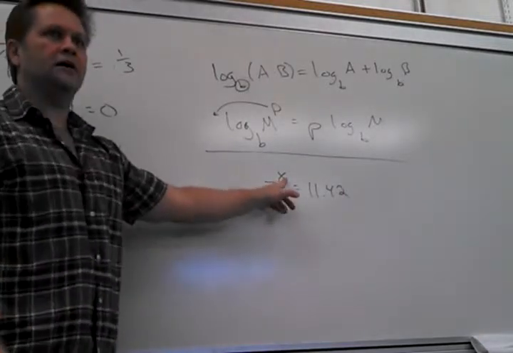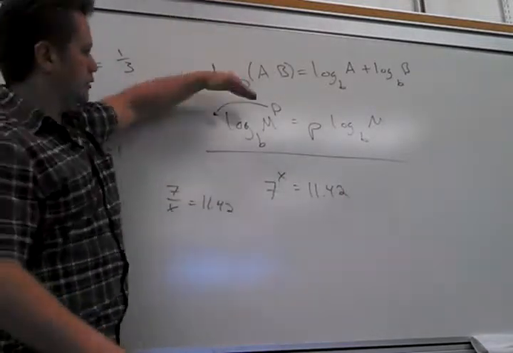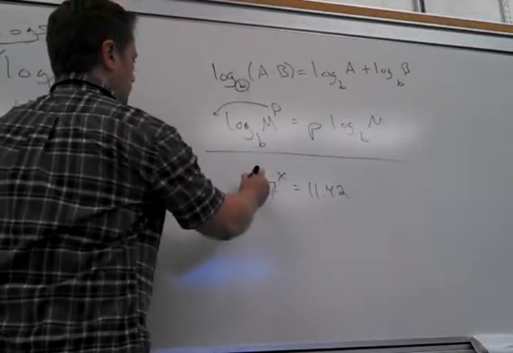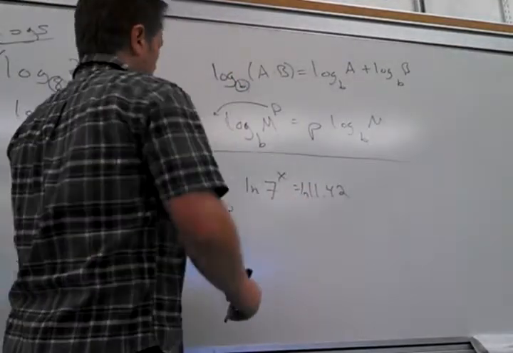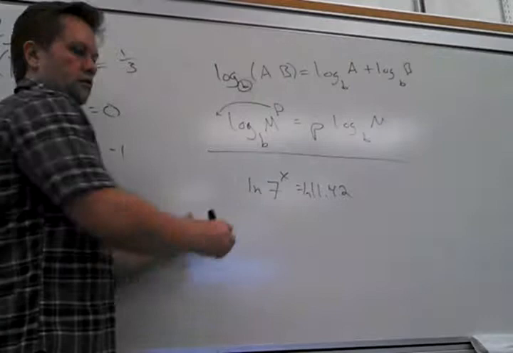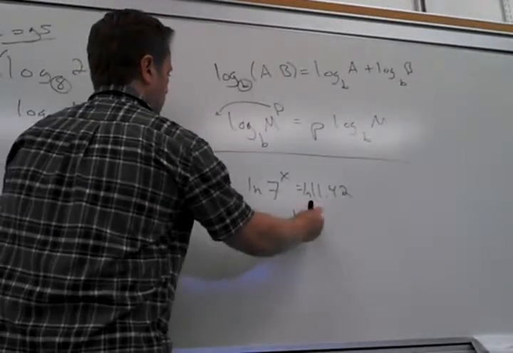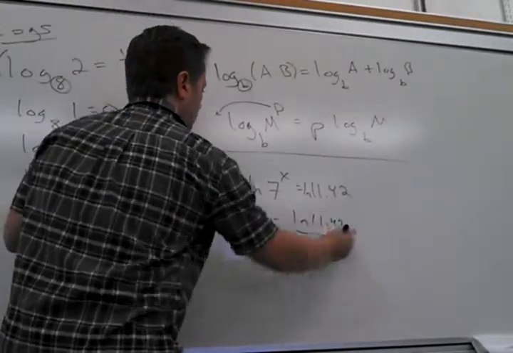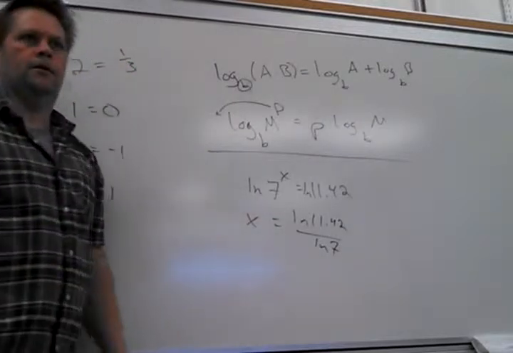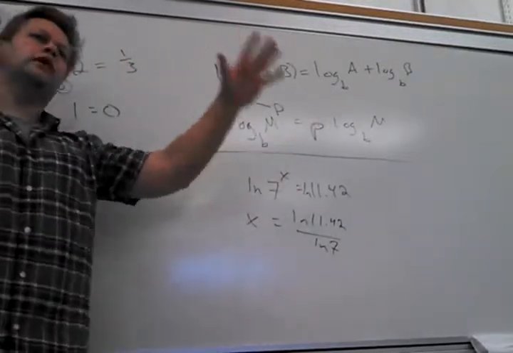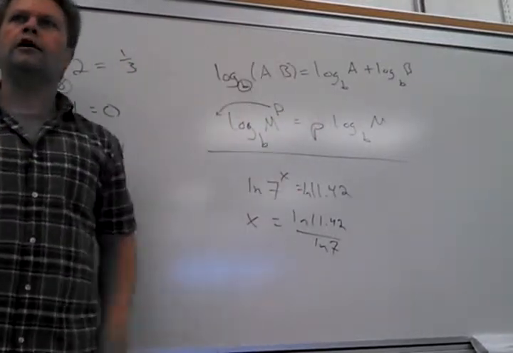This one is harder because now it's stuck in the exponent, and I had to use a new idea. So if I take the ln of both sides, x ln 7, then x can come down. I can divide by ln of 7. Okay. So this would be the exact answer. Plug it in the calculator, get the approximate answer.